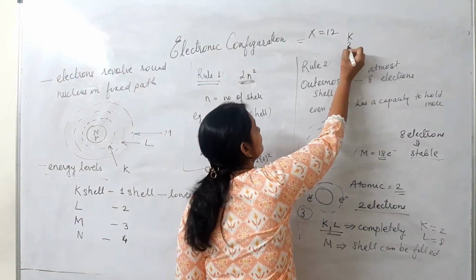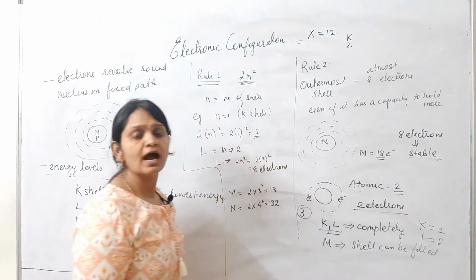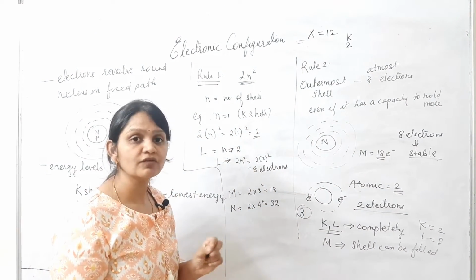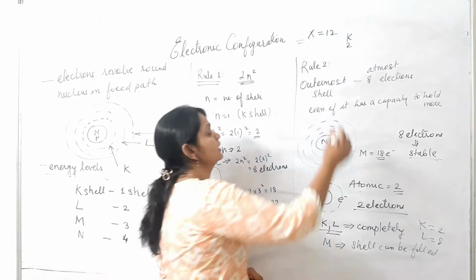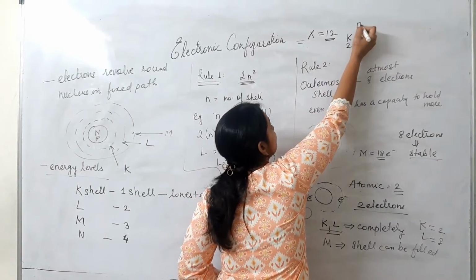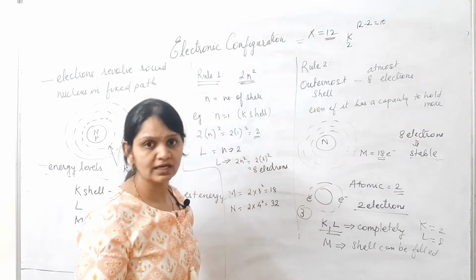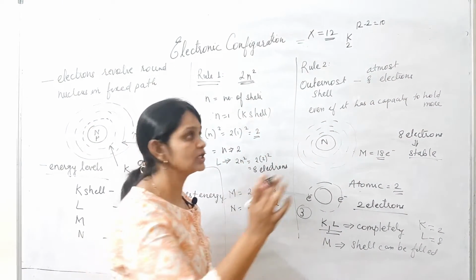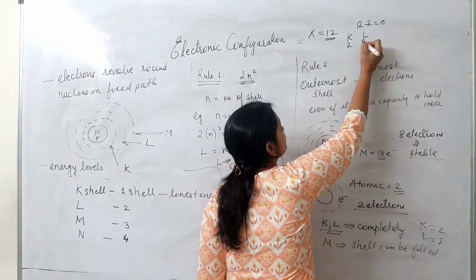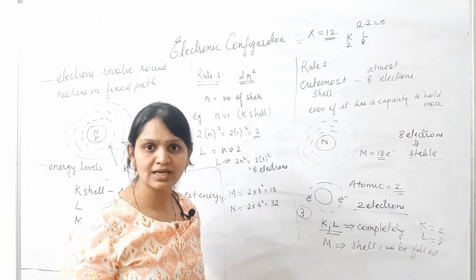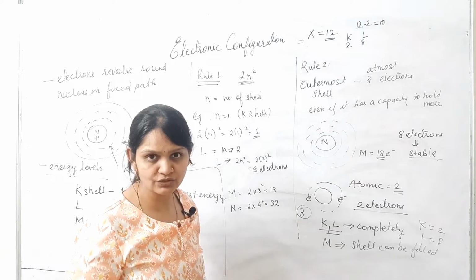So here we have 2 electrons. After entering 2 electrons in the K shell, the number of electrons left is 12 minus 2, that is 10. Now we have 10 electrons. So in the L shell, we will place another 8 electrons, as the L shell cannot hold more than 8 electrons.